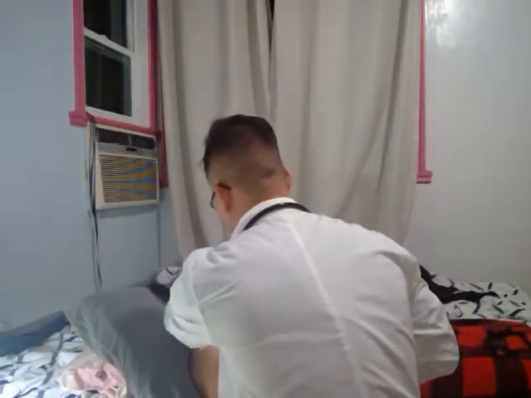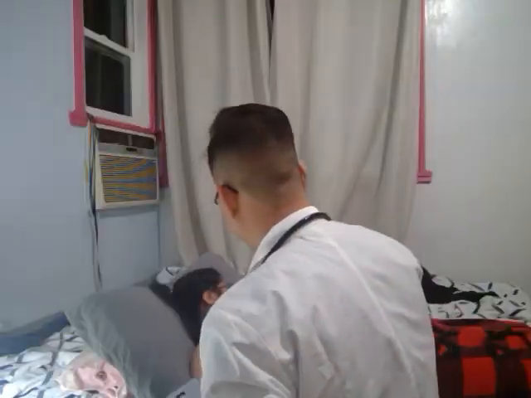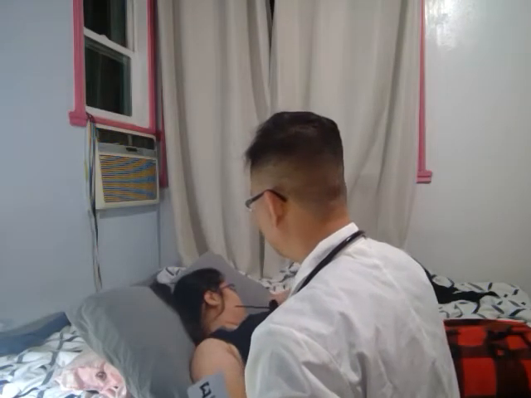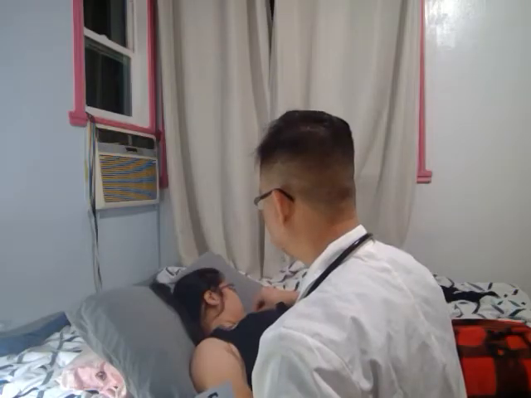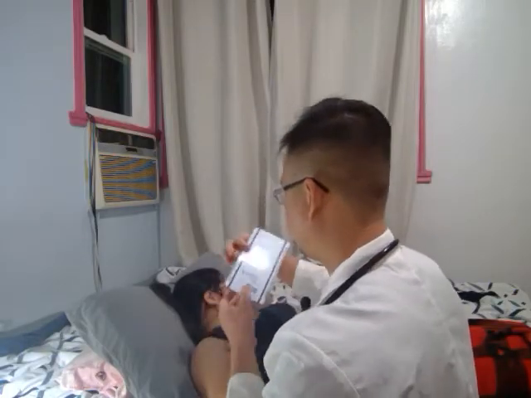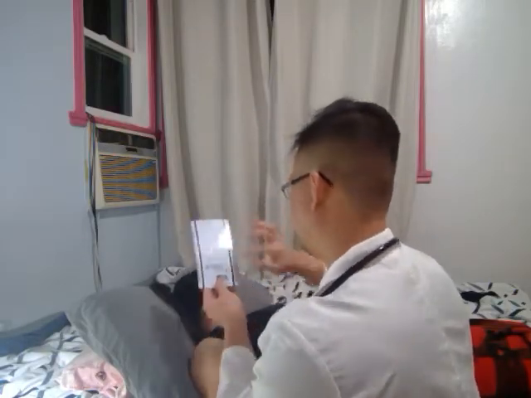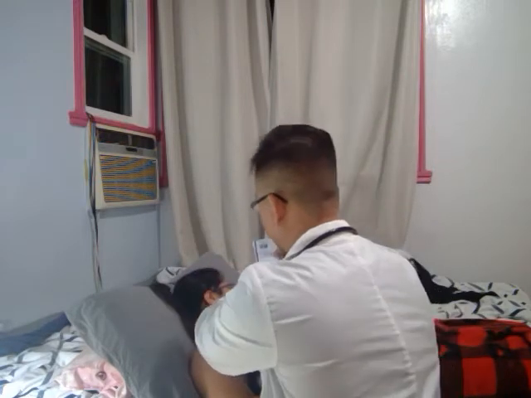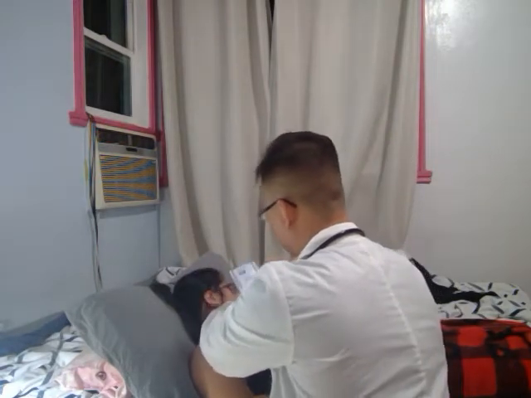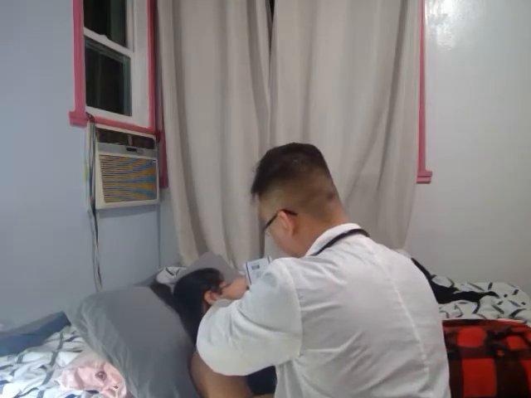Sorry, so turn that side. So we're gonna find the angle of Louis, and then we're gonna find the jugular vein here, and then we're gonna find how many centimeters from that, okay? So we're gonna put here.